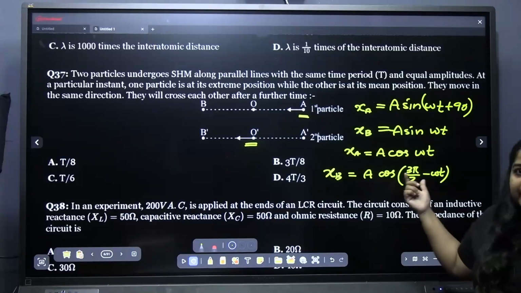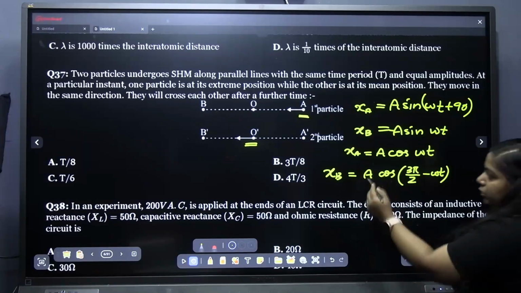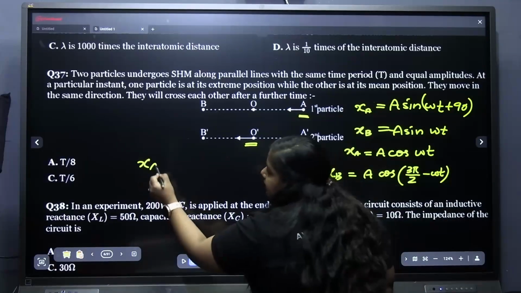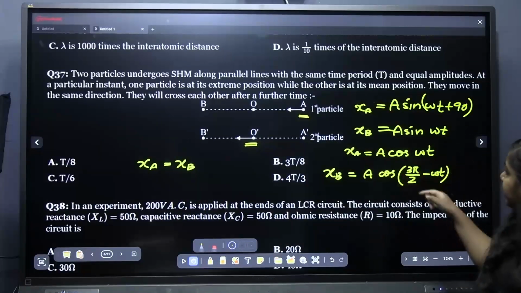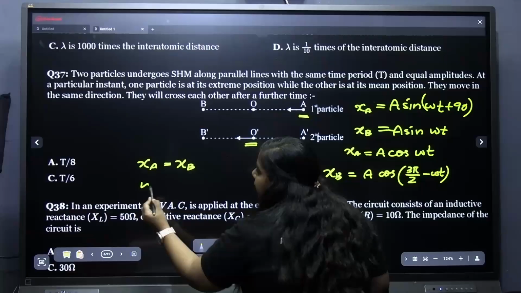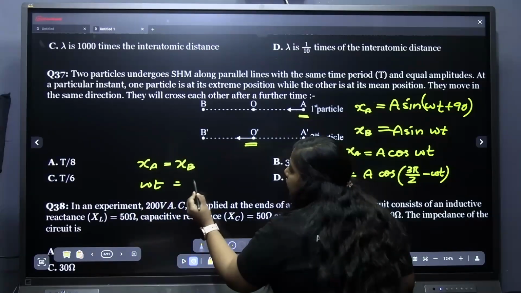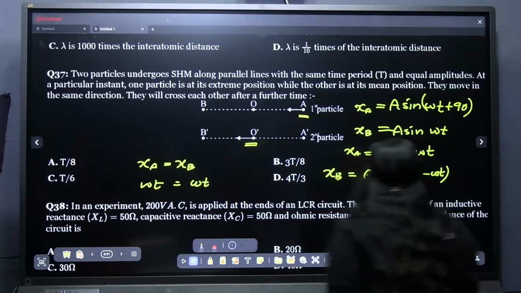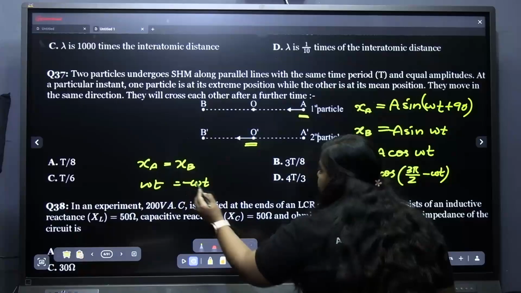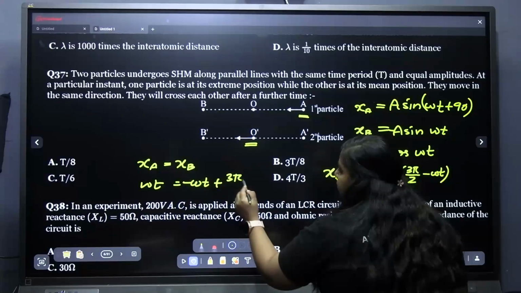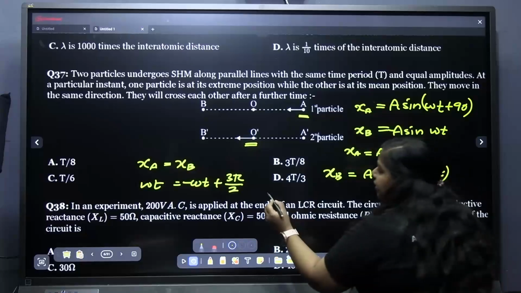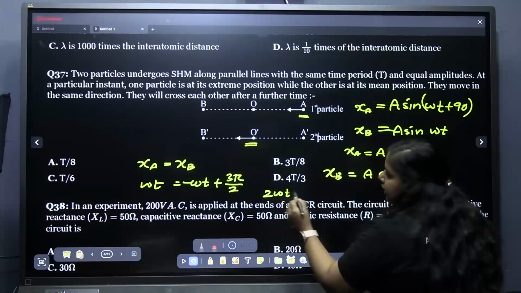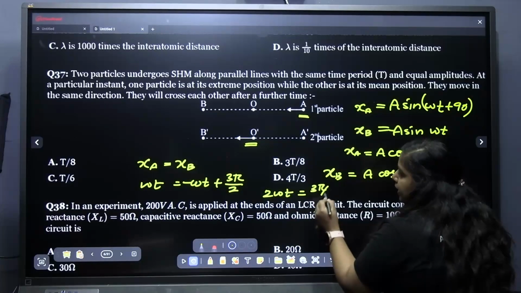So when you substitute xa equal to xb, we will get omega t equal to minus omega t plus 3 pi by 2. When we convert it, we will get 2 omega t equal to 3 pi by 2.